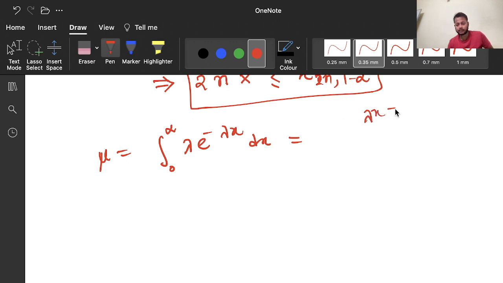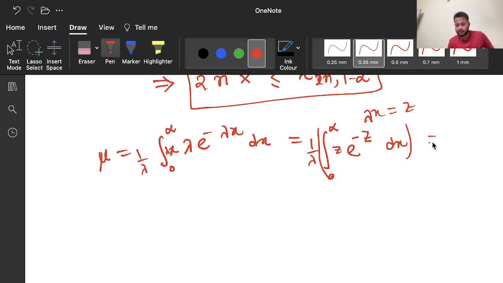Suppose lambda x equals z, then 0 to infinity z e to the power minus z dz, and so 1 by lambda into the integral of z e to the power minus z dz, which is 1, so the mean is 1 by lambda.